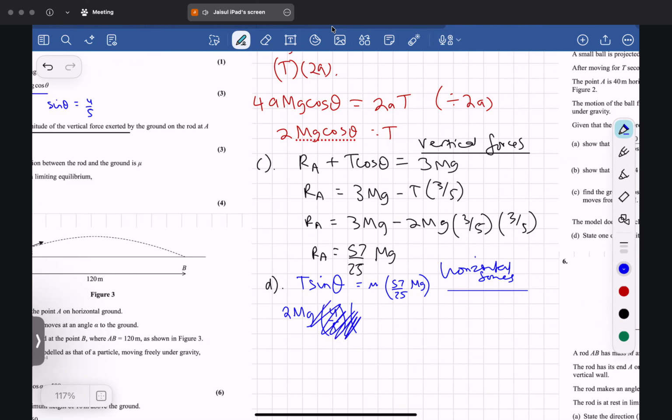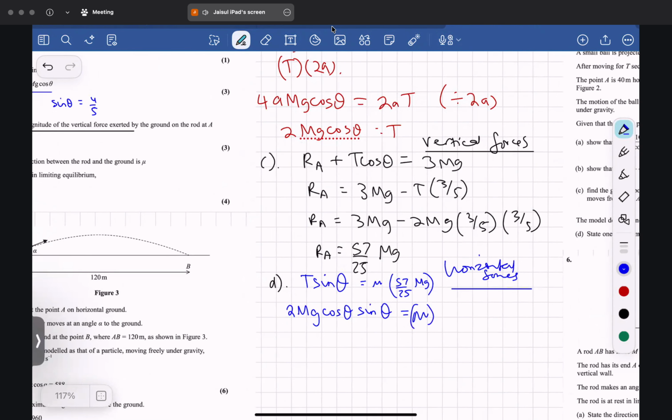I'm going to make a mistake, so let me go slow. 2mg cos theta sin theta equals mu times 57/25 mg.